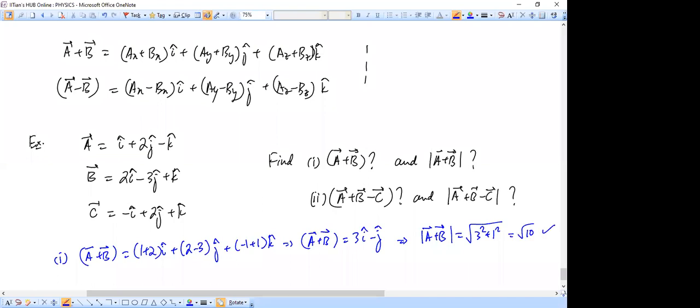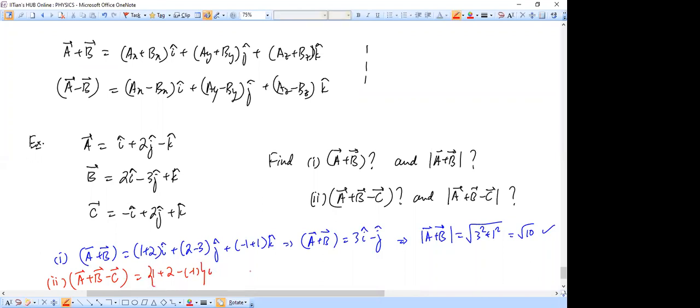Now similarly the second part will be A plus B minus C. So we have to do AX plus BX minus CX. Now C's X component itself is minus 1. So this whole thing will become the X component.